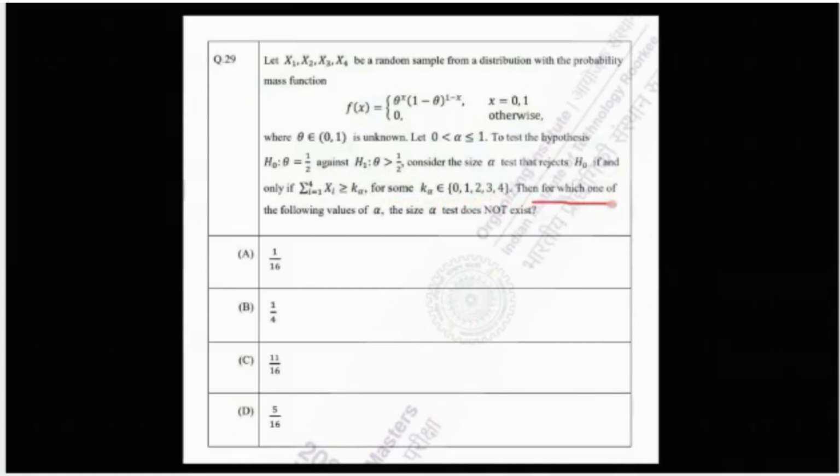Then for which one of the following values of alpha does the size alpha test not exist? That means four options are given for alpha, among which one is such that there does not exist a size alpha test for that particular value of alpha. So which one of the four options is our correct answer?